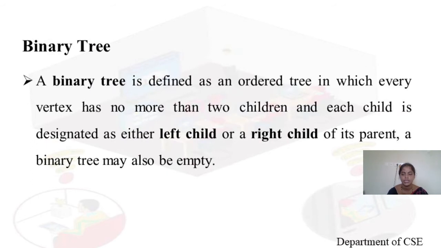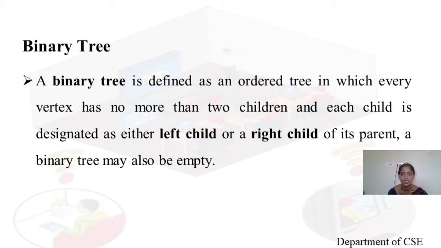Then coming on with the discussion of another type of tree, that is the binary tree. A binary tree is defined as an ordered tree, ordered in the sense in which every vertex has no more than 2 children and each child is designated as either a left child or a right child of its parent. A binary tree may also be empty.